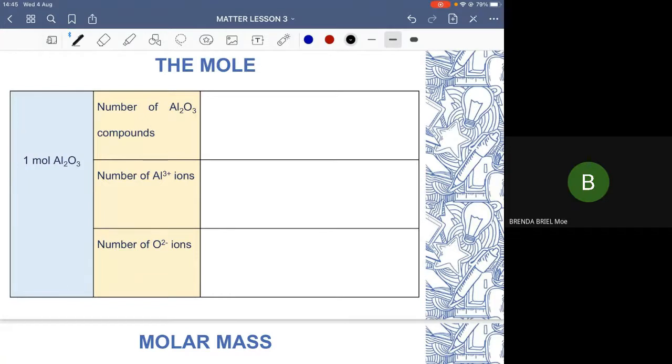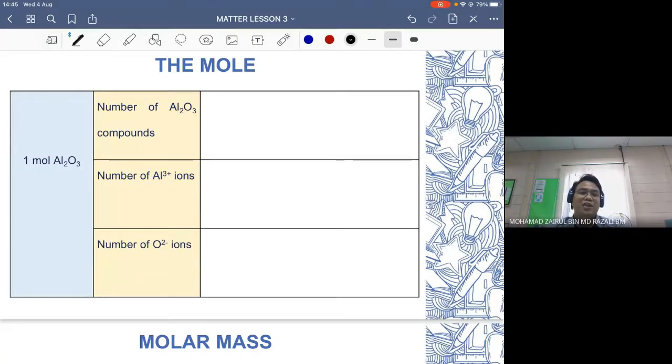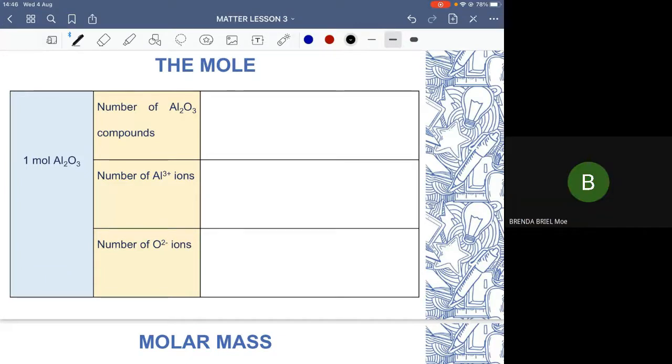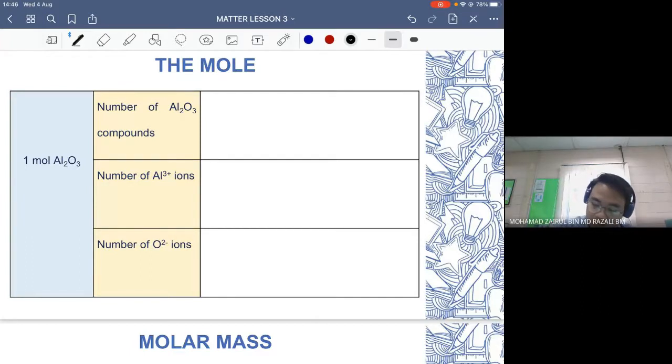Yes, sir. Okay, so if you look at the question, okay, what is the number of aluminium oxide compound in 1 mole of Al2O3? Okay, ada berapa aluminium oxide compound dalam tu? 1 mole kan? Dia ada 1 mole.